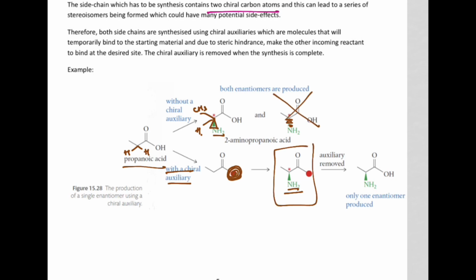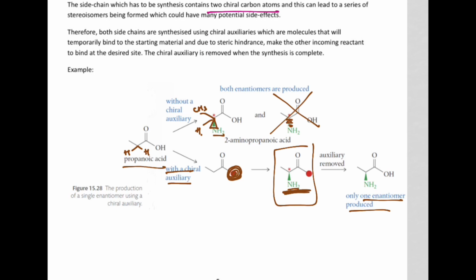This one is not going to be produced because the chiral auxiliary is bulky at the back. And once we get the required enantiomer, we're going to remove the auxiliary. The chiral auxiliary is removed.